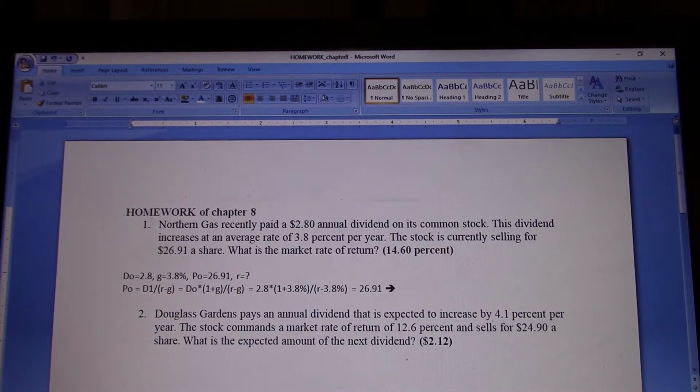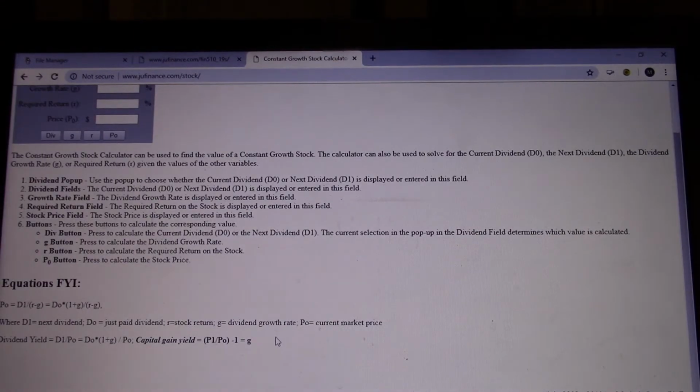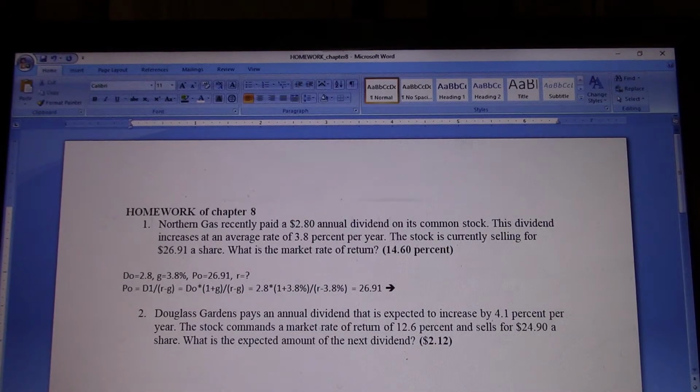You can find the R equation from the class website or the textbook. Anyhow, it's not so difficult to derive the equation for R from the equation for P0. R should equal D0 times 1 plus G, over P0, plus G, right?